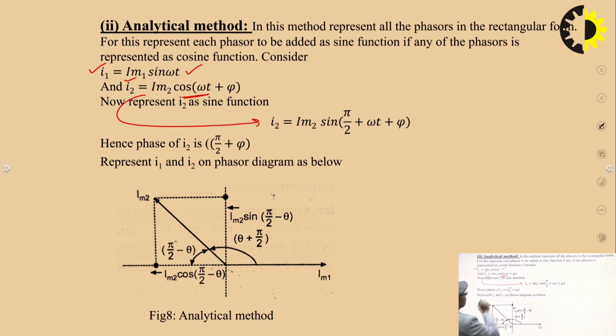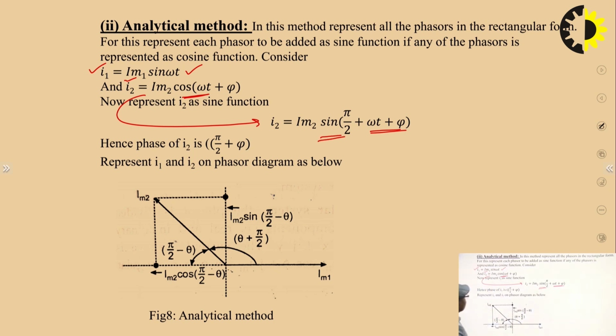We have to make this cosine a sine. Cos(omega t plus 5) we can write as sin(pi by 2 plus omega t plus 5). This equation is the same as the original, but the form is now sinusoidal, that is, standard form.